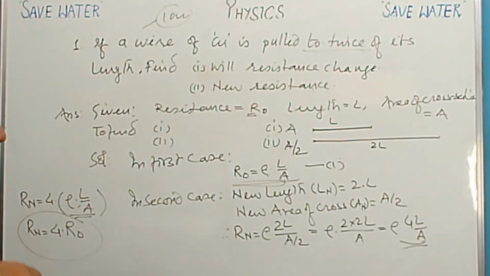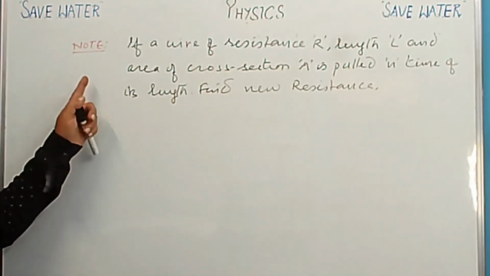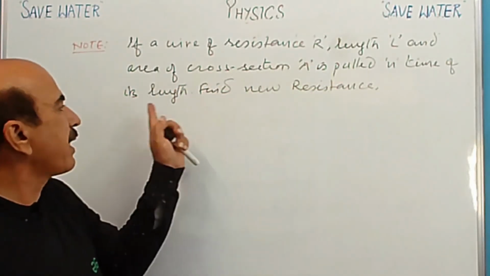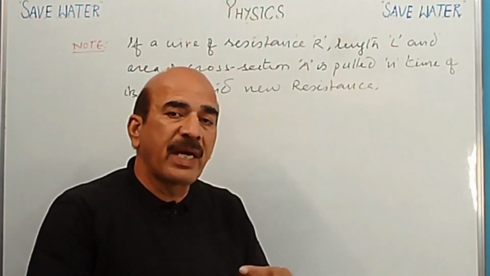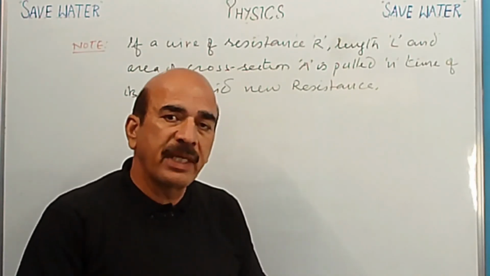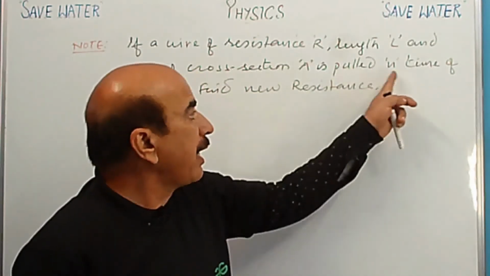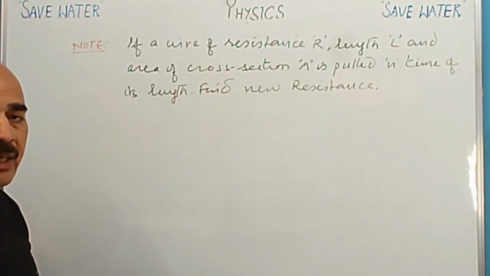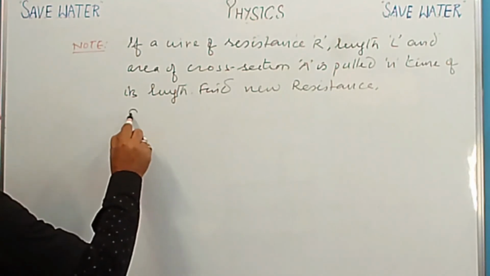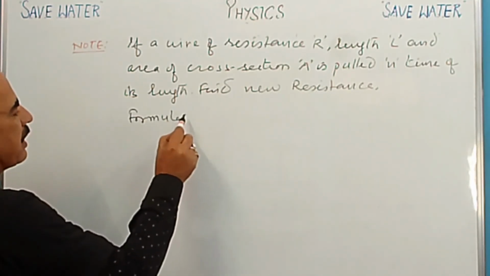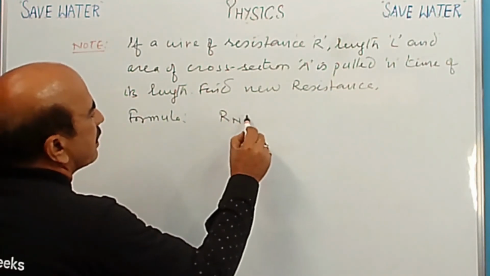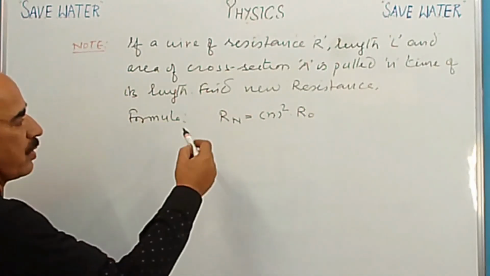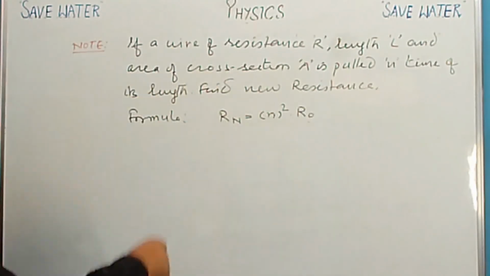If you are asked this kind of question, if a wire of resistance R, length L and area of cross section A is pulled n times its original length, 2 times, 3 times, 4 times, 5 times, 10 times, find the new resistance. For this we use a simple formula: new resistance is equal to n squared into Ro. So the new resistance will be n squared times the original resistance.